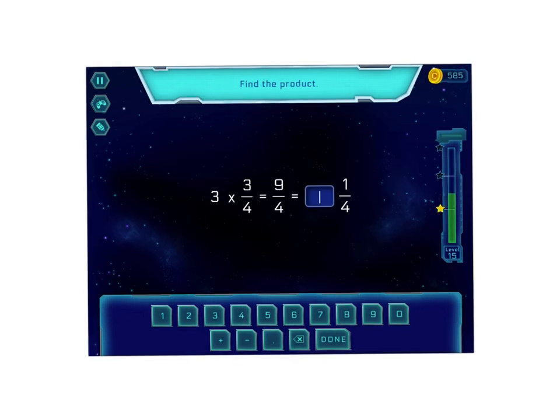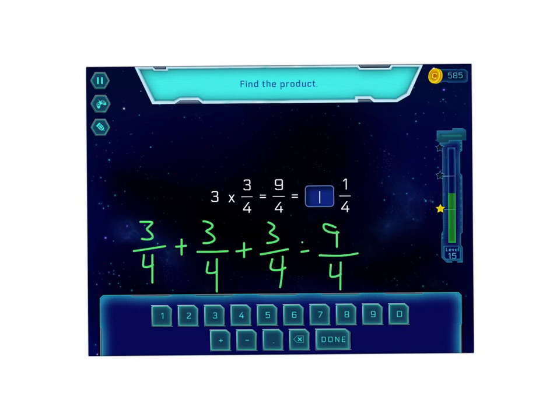Here's another one. They already solved half of it. They had 3 whole times 3/4. So you could think of that as 3/4 plus 3/4 plus 3/4. Notice I just did it 3 times. 1, 2, 3. And when I add all those together, I get 9/4, which is what they got right here. They want us to simplify it.